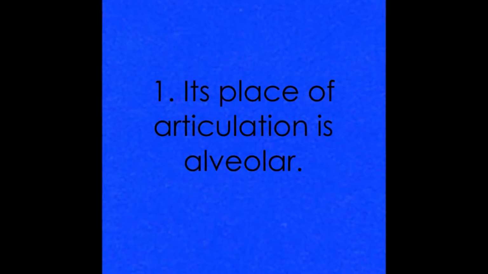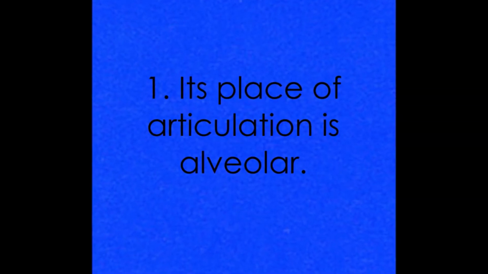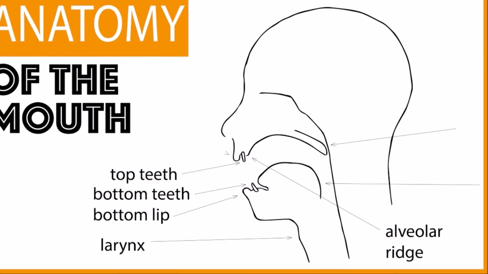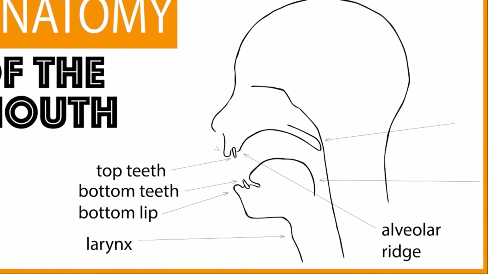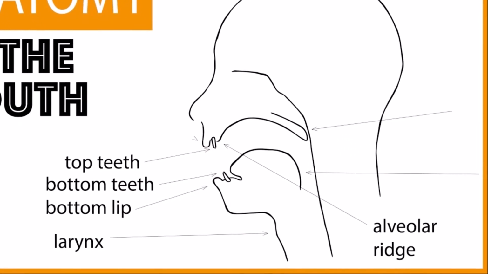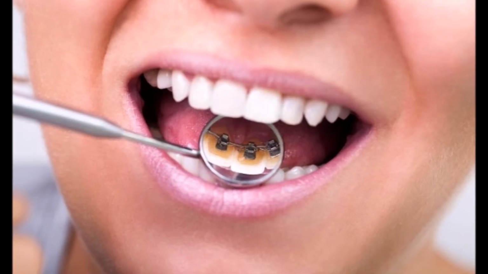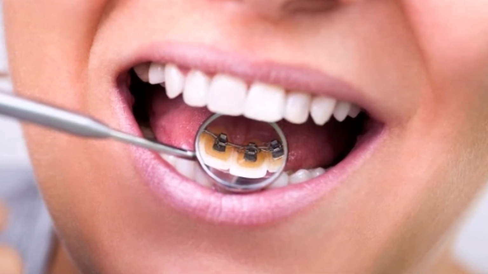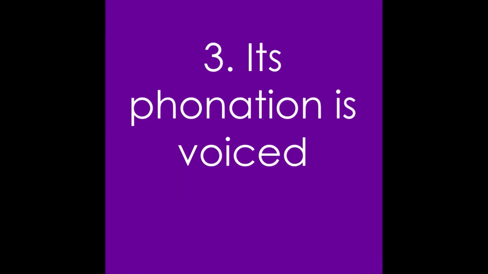The following 7 things are imperative to know. 1. Its place of articulation is alveolar, which means that when we say "ad," we put the blade of our tongues at the alveolar ridge. 2. It's apical, and that means that when we say "ad," the tip of the tongue touches the upper teeth. 3.